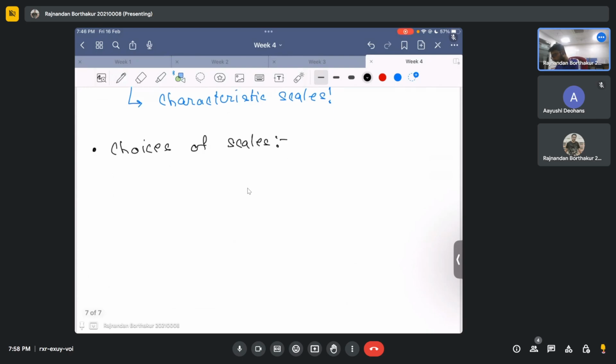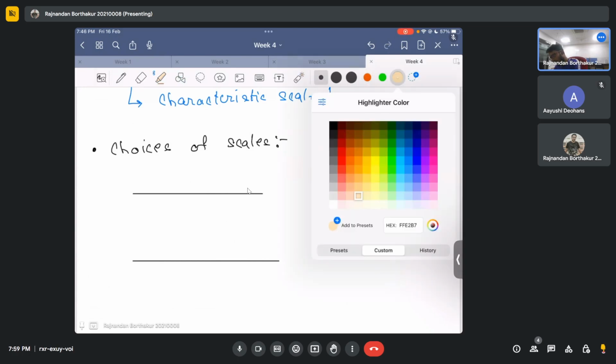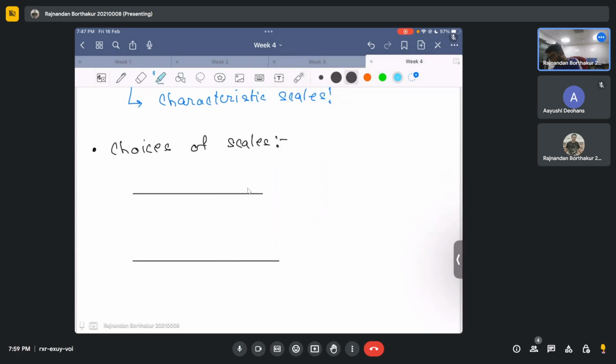So I will just pick up a very simple example that there is a flow. Okay. There is a flow of fluid. So let's say there is a flow of fluid through this parallel plate channel, as you have seen multiple times.